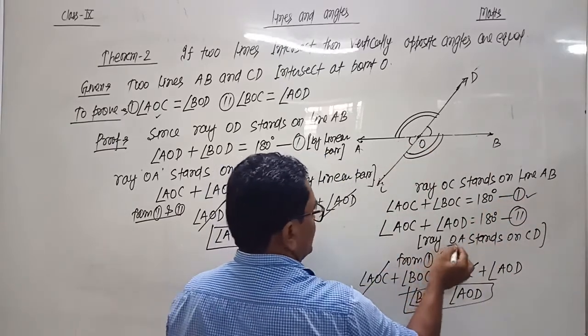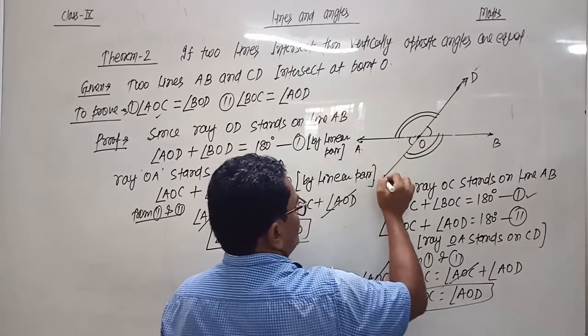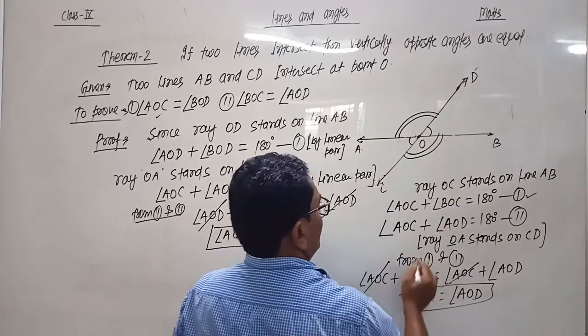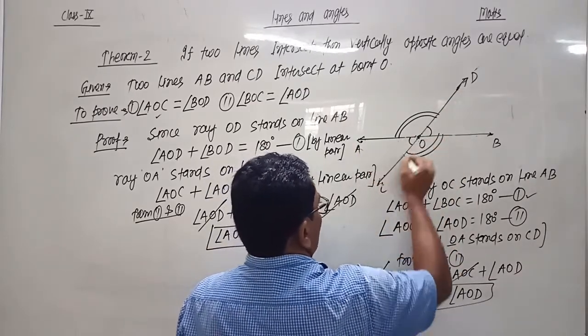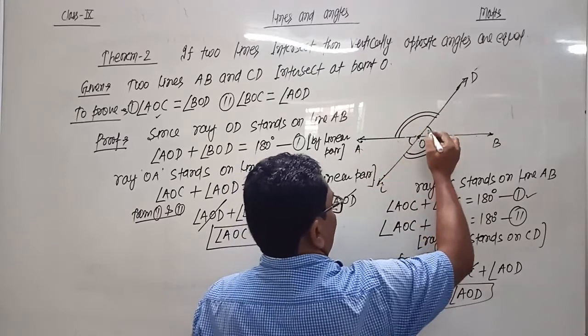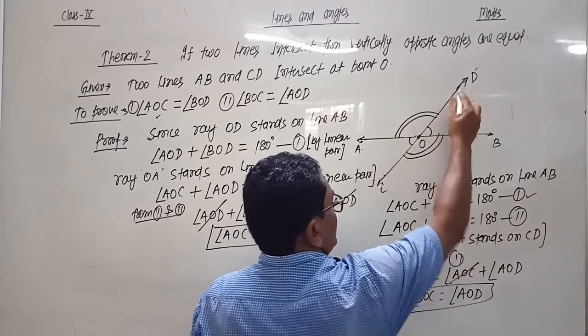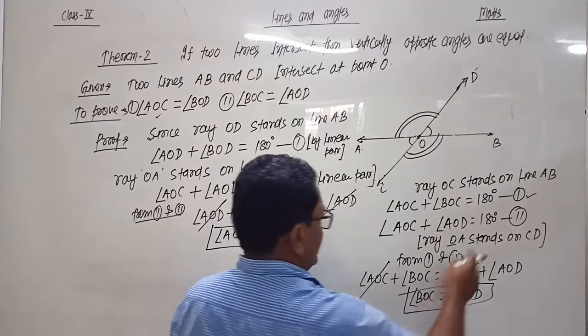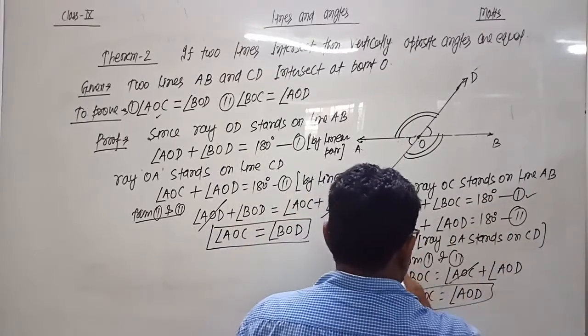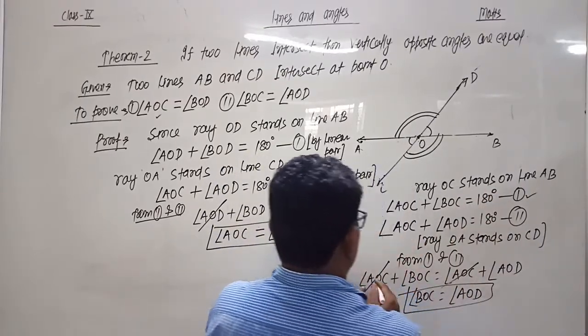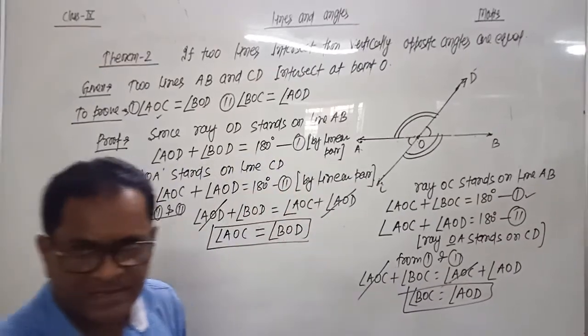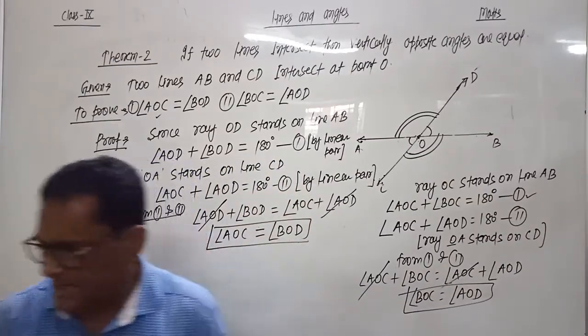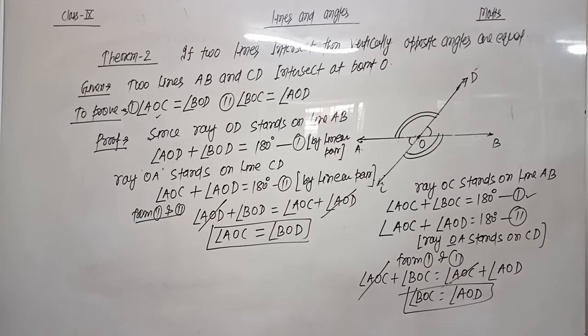And then we suppose that ray OA stands on line CD. Therefore, angle AOC plus angle AOD equals 180 degrees. And RHS is equal, so we equate the LHS, and from both sides angle AOC gets cancelled and we get the result angle BOC equals angle AOD.